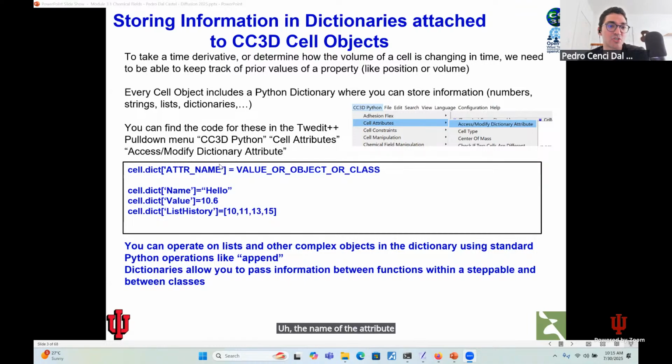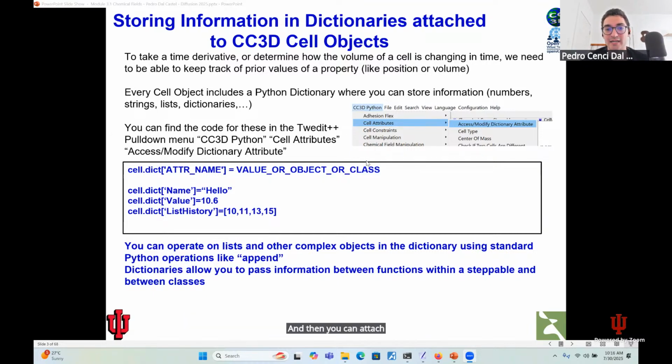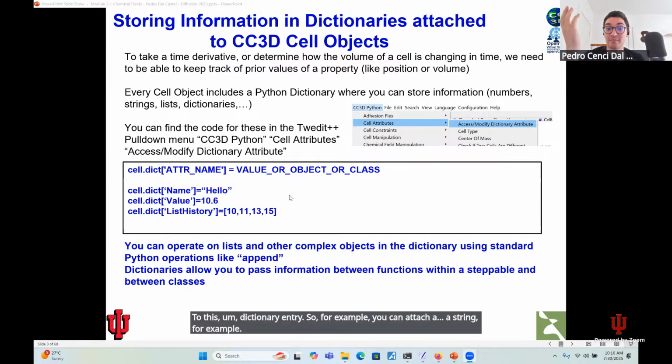So this is a dictionary, which means the entry is a string, and then you can attach any kind of value, object, function, anything to this dictionary entry. So for example, you can attach a string. For example, it can be the state of a cell.